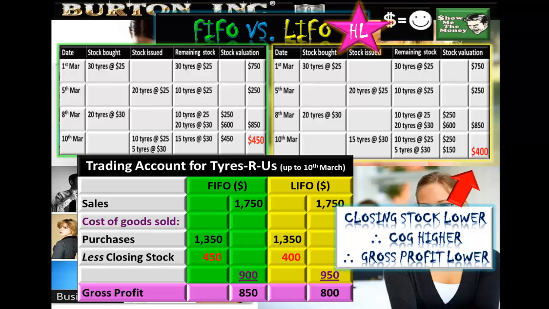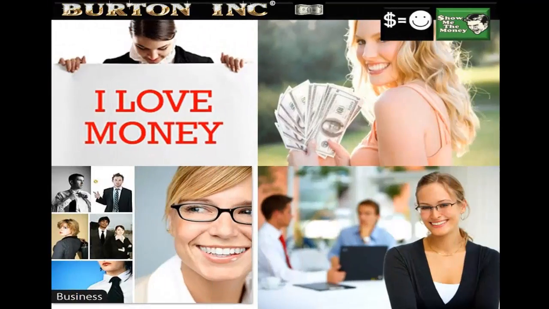So we can see there the only difference between the trading account using the two different methods is the closing stock. FIFO has a higher closing stock value, feeding through into a higher gross profit. LIFO, the lower closing stock value leading through to a lower gross profit, and the tax implications follow, which is what it's all about, really.